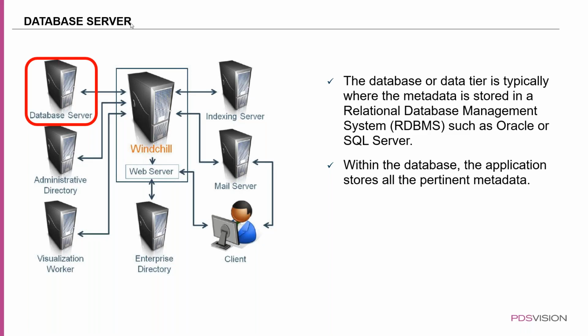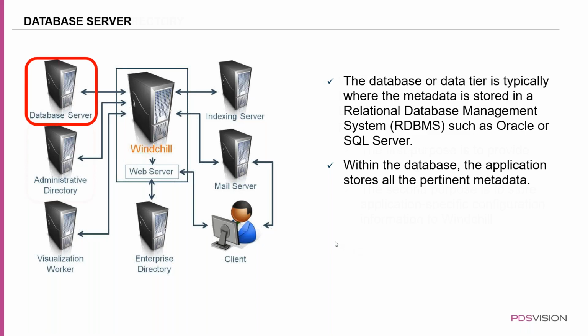And the Windchill database then stores only the metadata about that data. Again, the database and the vault data are in sync. So if you modify a file, it would update both the database as well as the vault metadata.